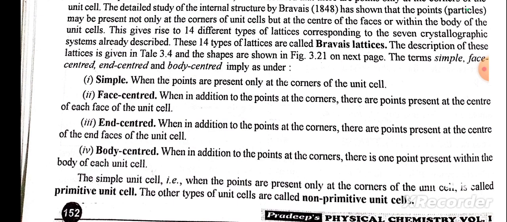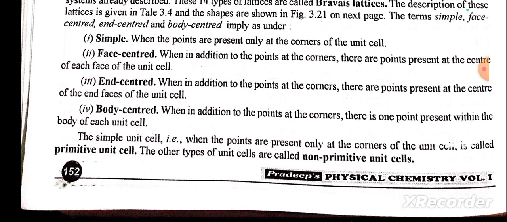On the next page, the terms simple, face centered, end centered and body centered are used. Simple refers to when points are present only at the corner of the unit cell. Second is face centered, when in addition to the corners, points are present at the center of each face of the unit cell. Third is end centered, when in addition to the points at the corner, there are points at the center of the end faces of the unit cell.